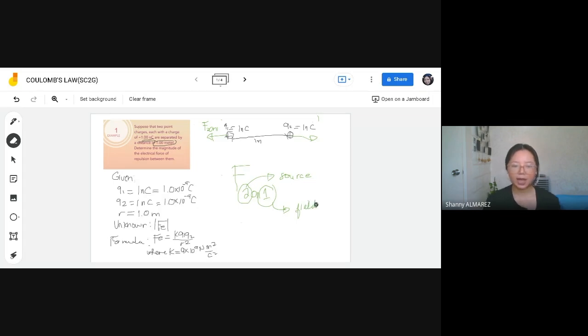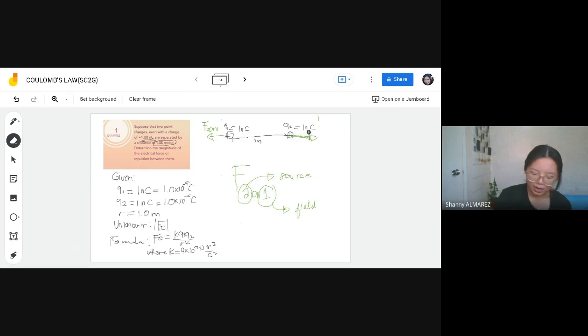Okay? So again, in using this particular subscript, the first one is where the force is coming from, and the last number that you will write is the receiver of the force. Kaya nga, ang ginamit natin dito ay force of 2 on 1. Charge 2 on charge 1. Right? So if that's the case, how do we now write the second one? Paano natin ito i-describe yung nasa right?